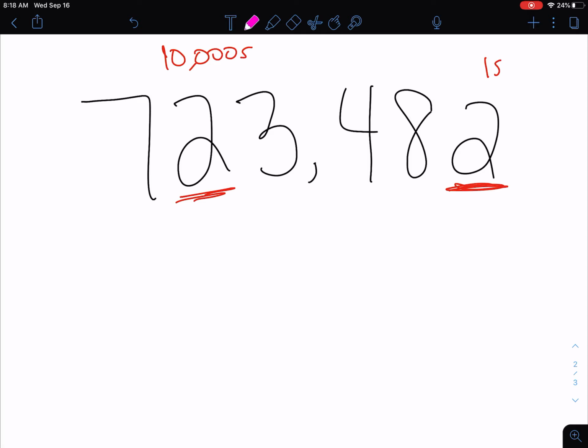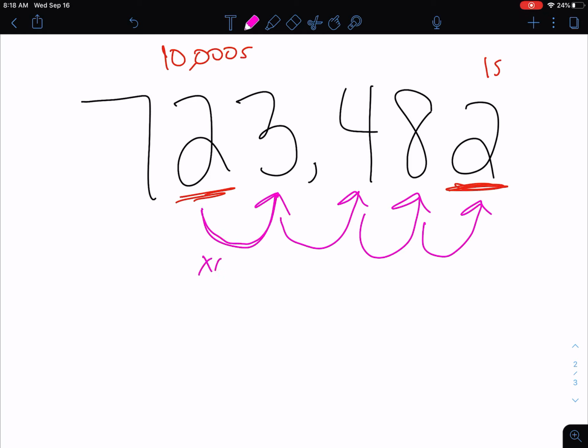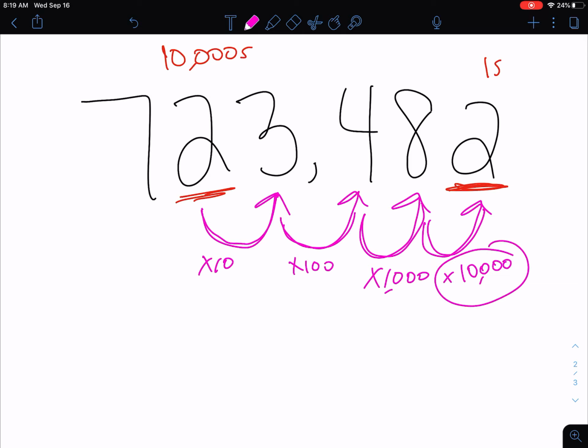So we're going from our 10,000s place to our 1,000s place, from our 1,000s to our 100s, from our 100s to our 10s, and from our 10s to our 1s. So we know that this one is 10 times, and then here we have 10 times 10, which is 100. Here we have 100 times 10, which is 1,000, and then here we have 1,000 times 10, which is 10,000. So we know that's our final number.